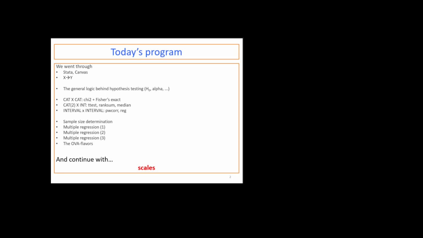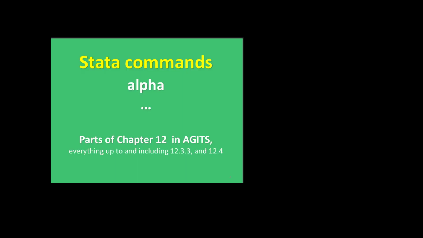And today we will continue that with scales. And the positive news is it's only one command in principle that you have to use, and that is the alpha command. And in chapter 12 of your book you can read more about that.